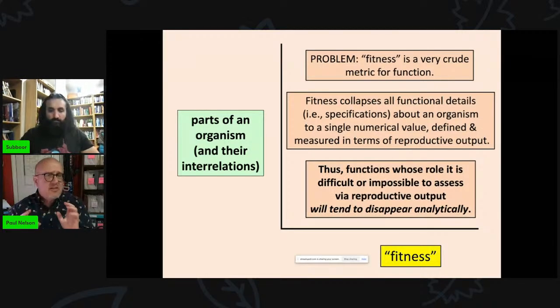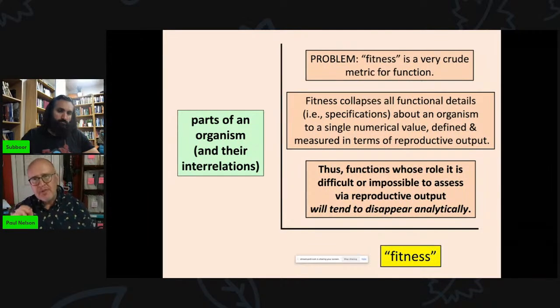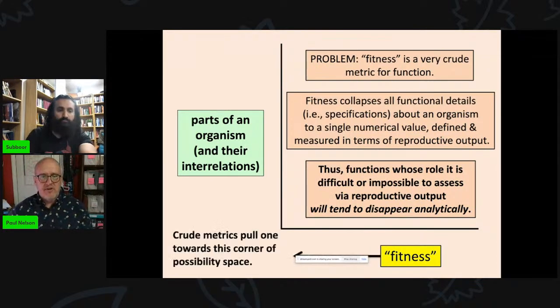Just analytically, if you think about that, you are collapsing a great deal of information that you need to describe an organism into a single number. That should be troubling to you, because it's going to be very hard to go from that single number back to the information you need actually to describe an organism and what it does. But what fitness as a metric does, because it is so crude, is it pulls you down towards this corner of possibility space.